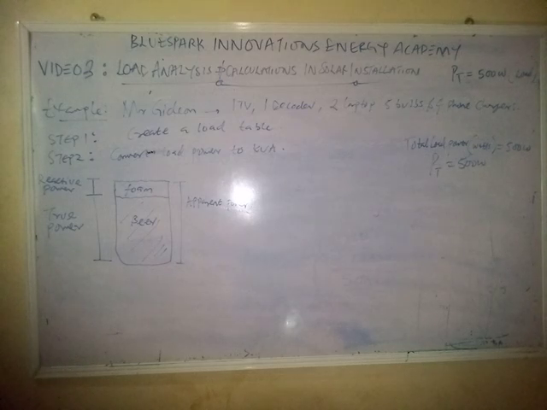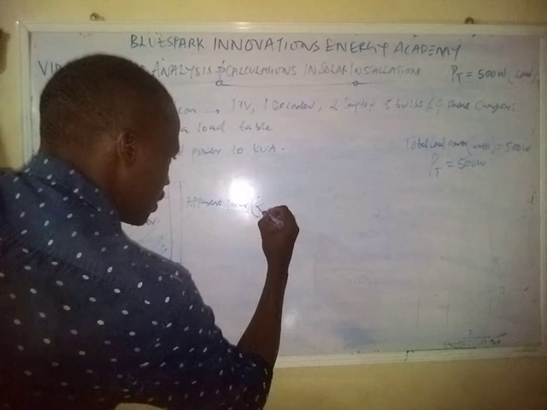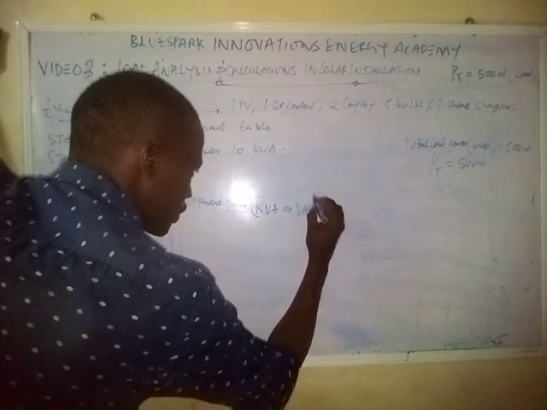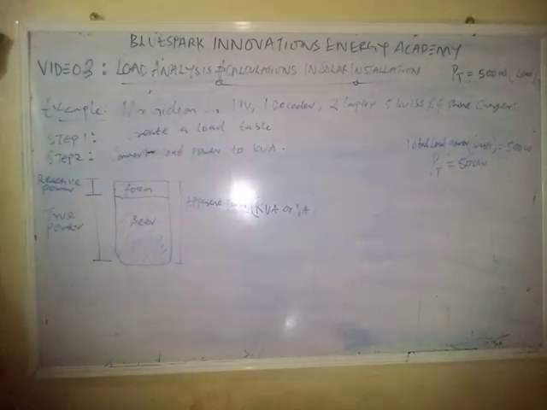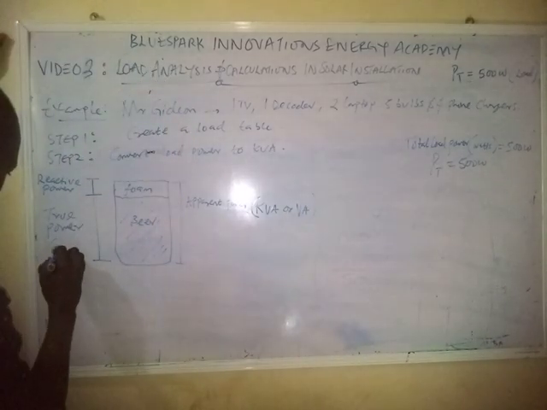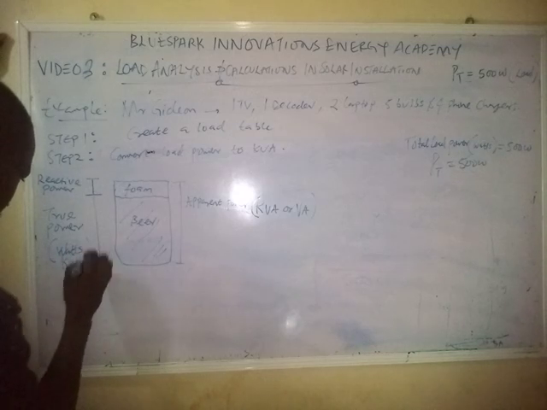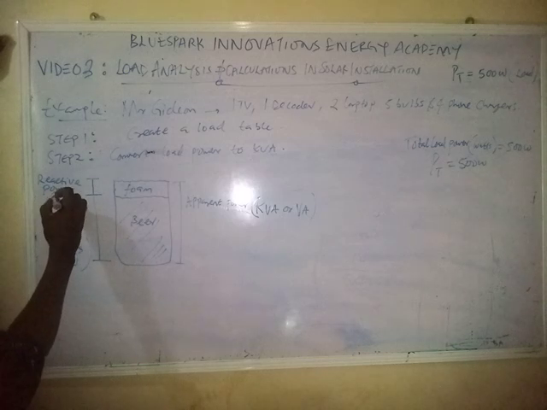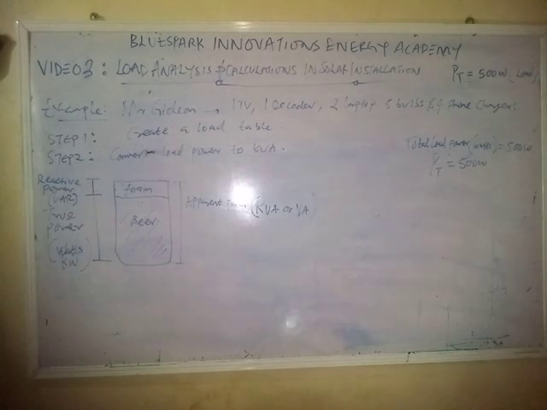Now, your apparent power is measured in kVA or VA. This is kilovolts ampere or volts ampere. Your true power is measured in watts or kilowatts. And then your reactive power is measured in volt ampere reactance, VAR.